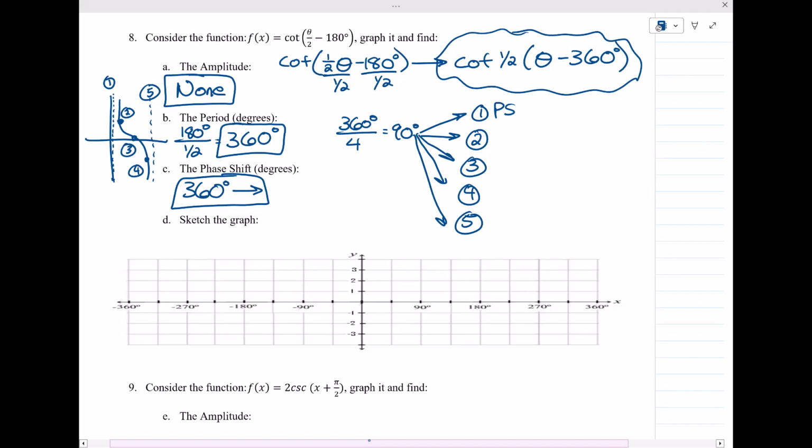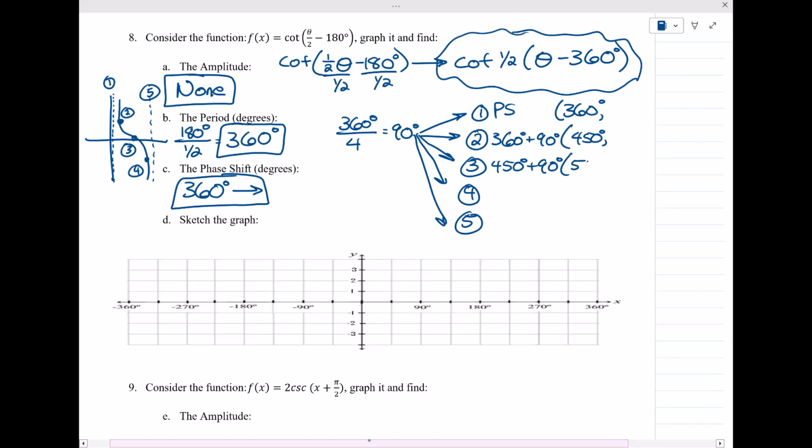All right, so to get started, the phase shift is to the right 360. So the phase shift is 360 degrees. To get the next one, we're going to take 360 and add 90 to it. And if you do that, you get 450. Then you take 450 and you add 90 to it.